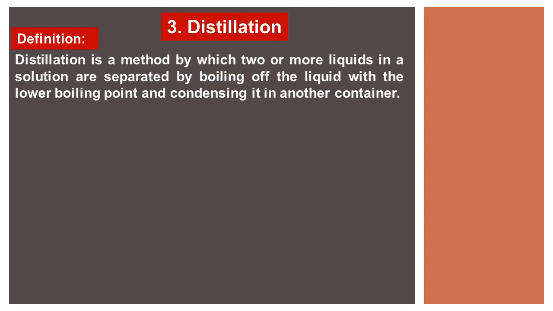What the distillation is, let us understand the definition of distillation. Distillation is a method by which two or more liquids in a solution are separated by boiling of the liquid with the lower boiling point and condensing it in another container.